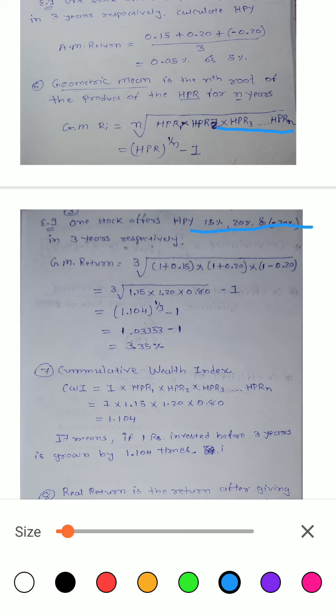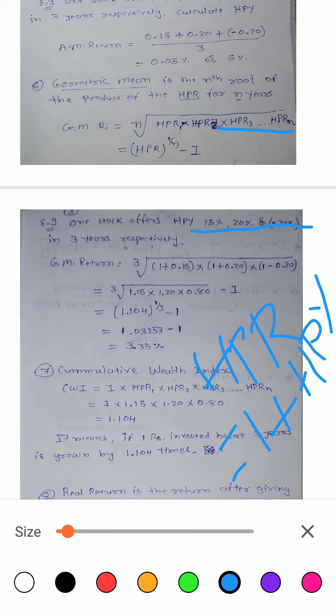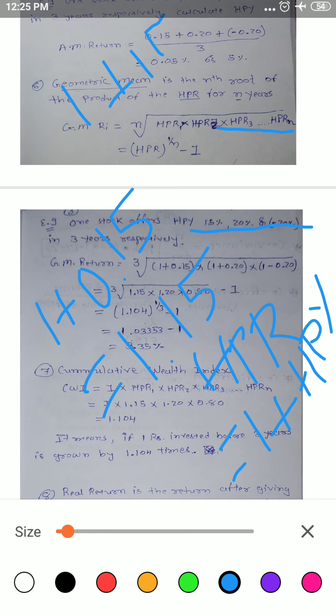So how to do that? It's simple: HPR is equal to 1 plus HPY. HPY is given as 15%, so for the first year it will be 1 plus 0.15, which comes to 1.15. Sometimes students do this: 1 plus 15 is equal to 16%.